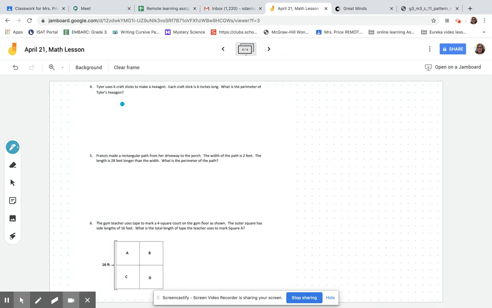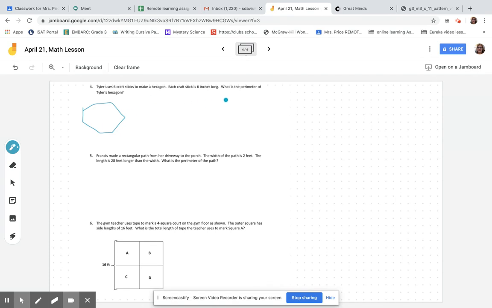Number 4 says Tyler uses 6 craft sticks to make a hexagon. How many sides does a hexagon have? A hexagon has 6 sides. Let's see if I can remember how to make a hexagon. Hang on, give me a minute. Here we go. Okay, a hexagon. 1, 2, 3, 4, 5, 6.